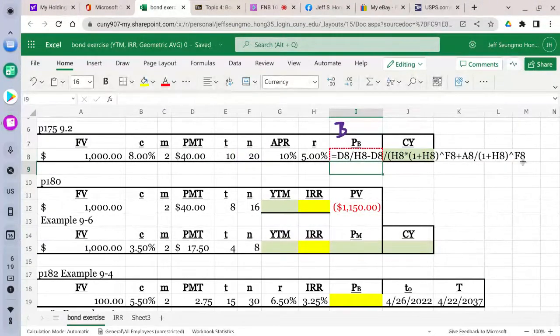Something's not right. It should give you the right answer. This cursor is still like this, not changing.